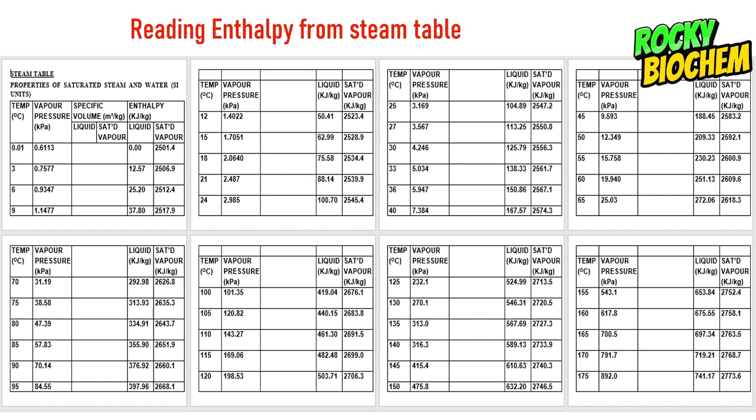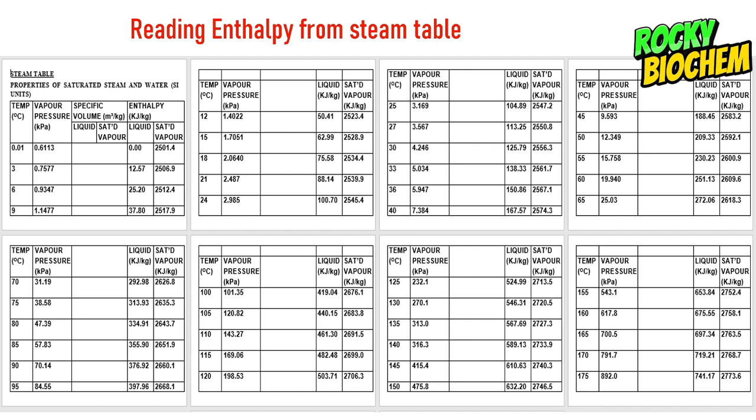So sometimes the question will just make mention of the temperature of the water. When you are given something like that, just pick the temperature and then bring it to the steam table here to find the corresponding enthalpy, and then use it for the calculation.